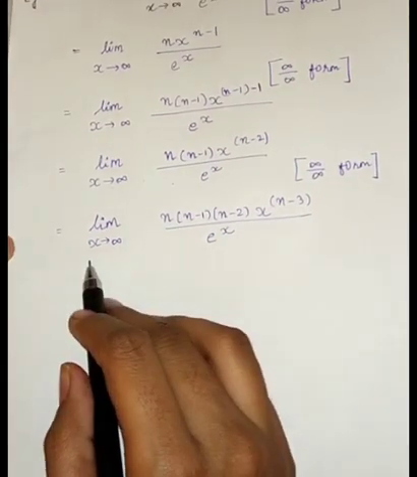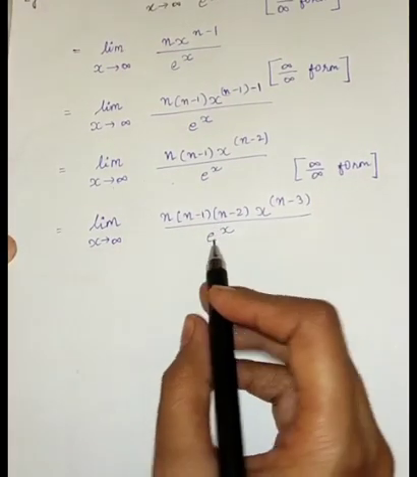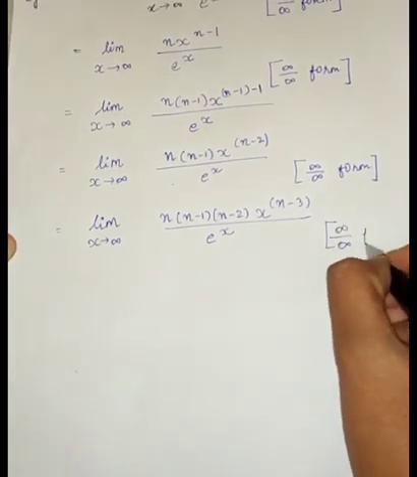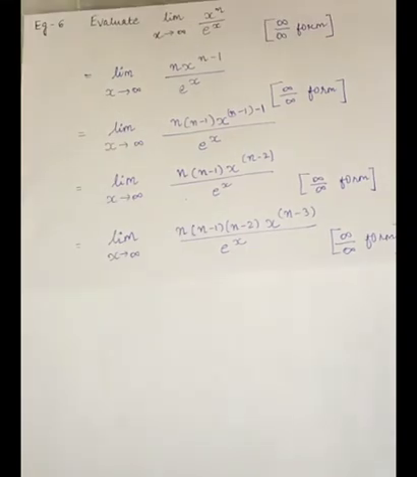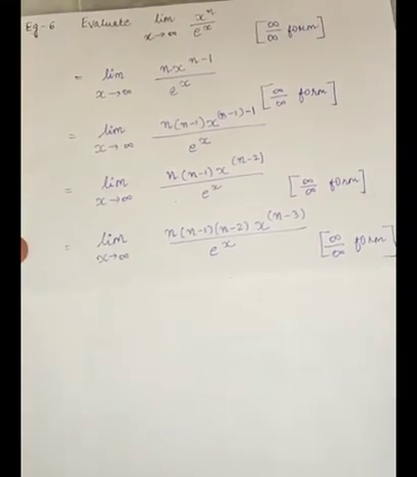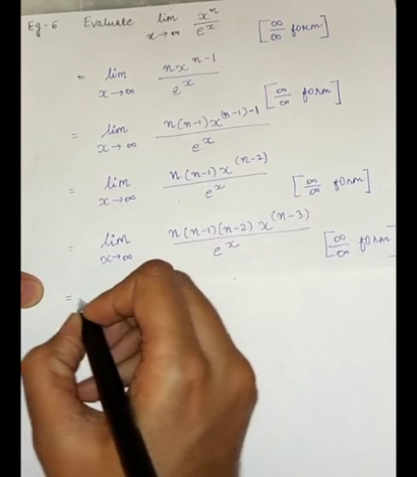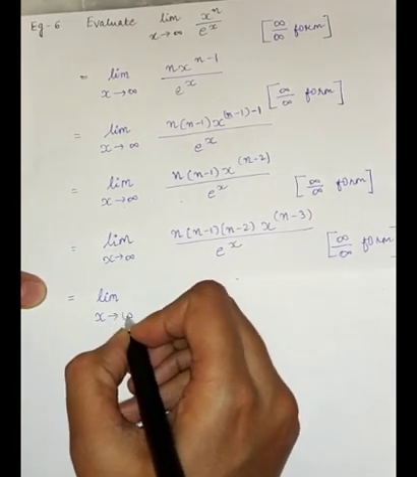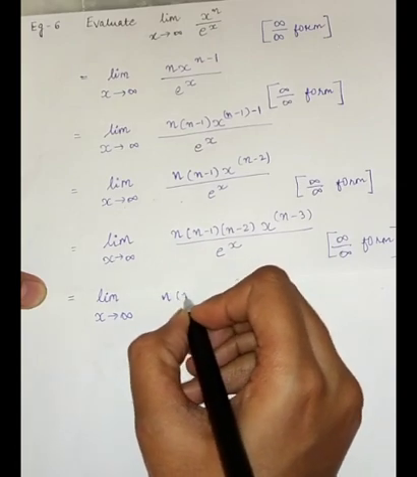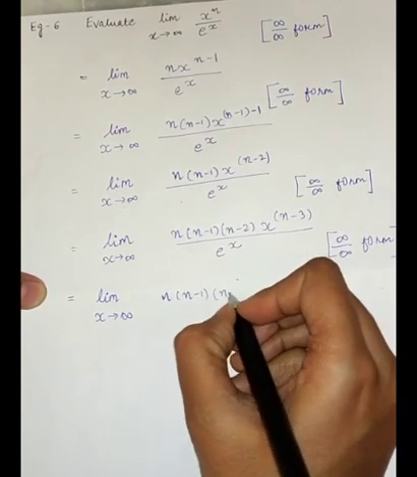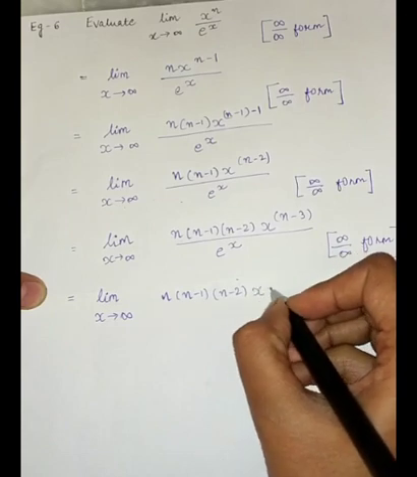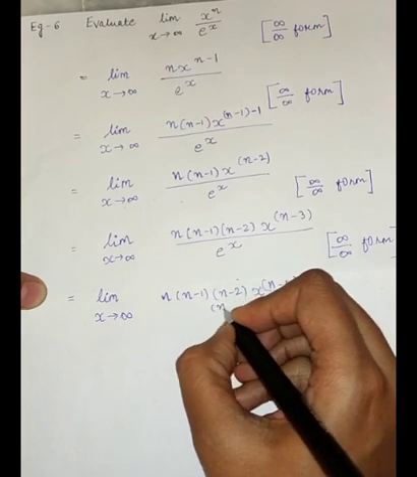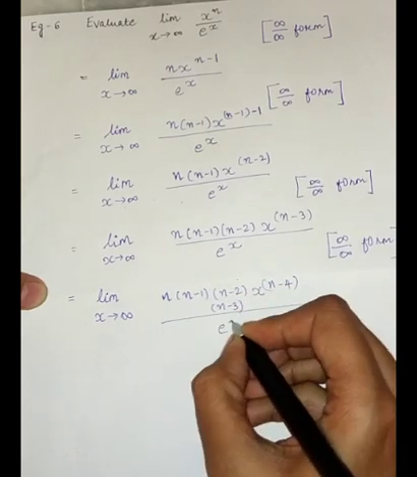Now again, if we substitute this limit in this equation, then again we get infinity by infinity form. So now we will again differentiate this equation. So we get limit x tends to infinity n into n minus 1 into n minus 2 into n minus 3, x raised to n minus 4, upon e raised to x.